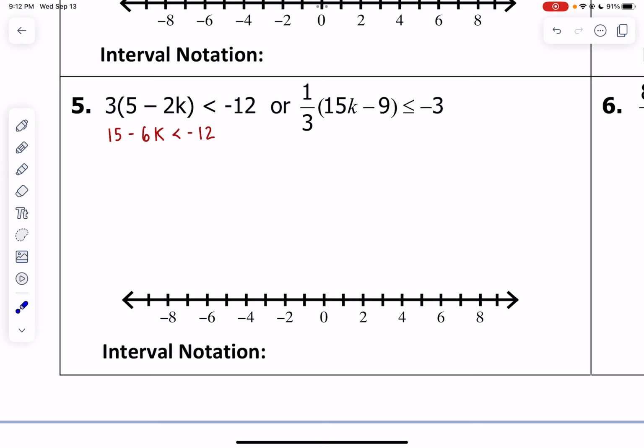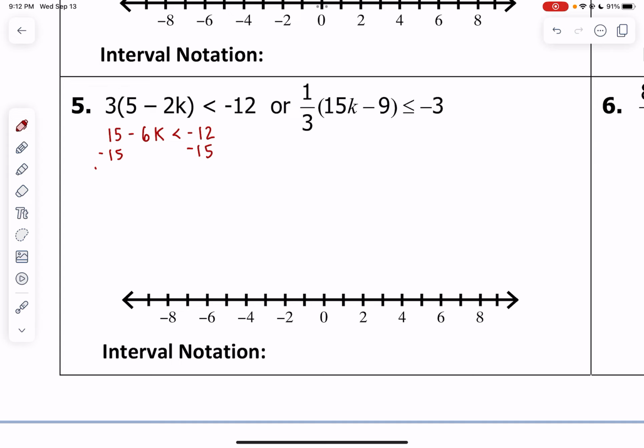That is completely optional and entirely up to you. So I'm going to keep this variable on the left-hand side. So therefore, in order for that to happen, we have to get rid of this 15. So we would subtract 15 from both sides.